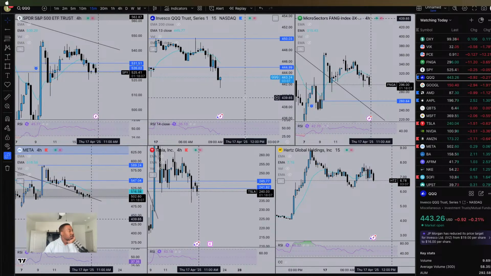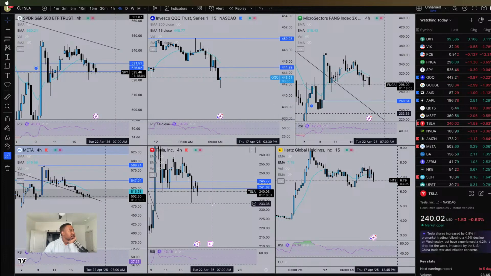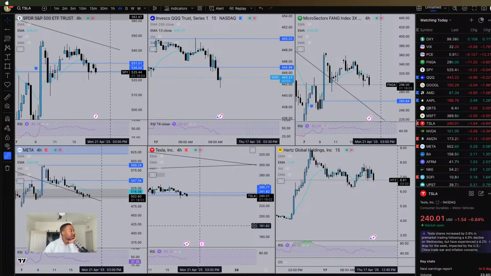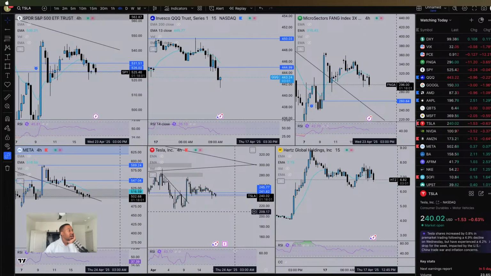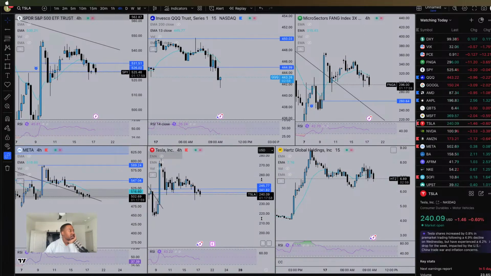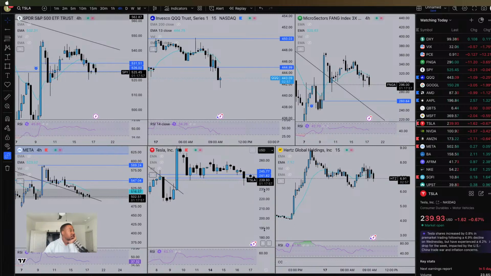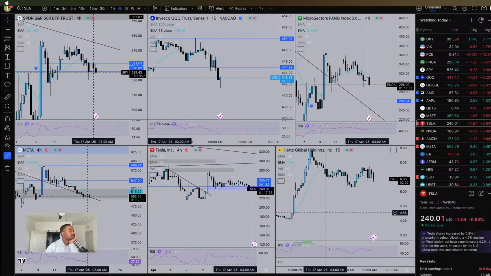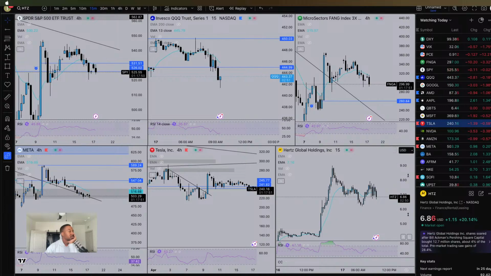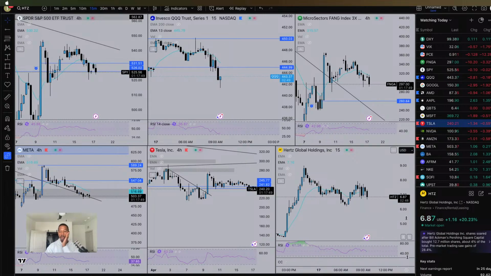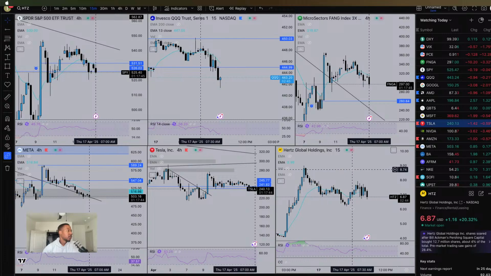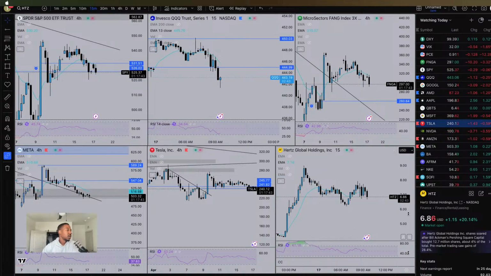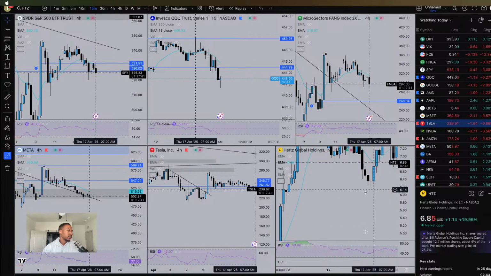I think now might be a decent time to talk about how to find the trading range. Looks like Hertz is not gonna hit 8.